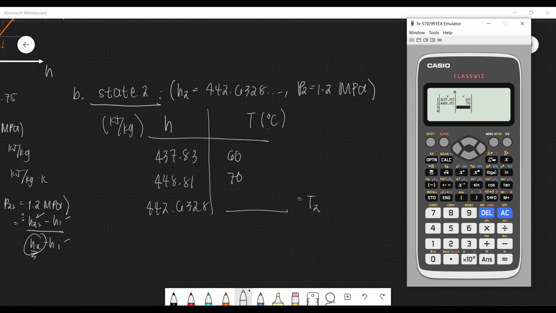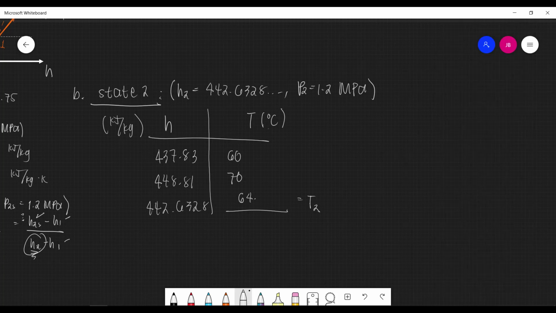So after this, press AC, input 442.6328, press option, and then regression. And there you go. We have around 64.37 degrees Celsius. So the temperature at the compressor outlet is equal to 64.37 degrees Celsius.